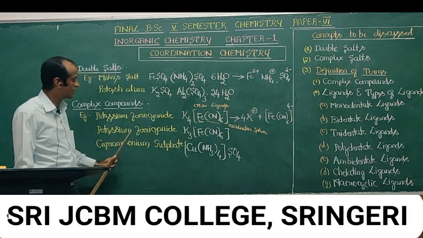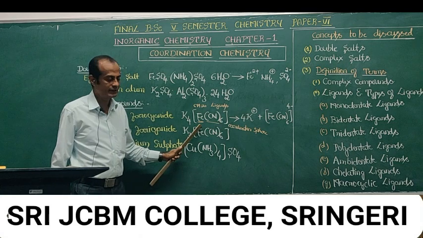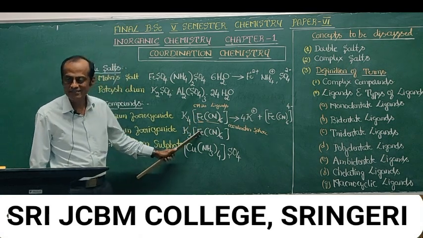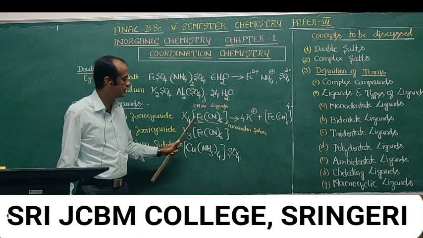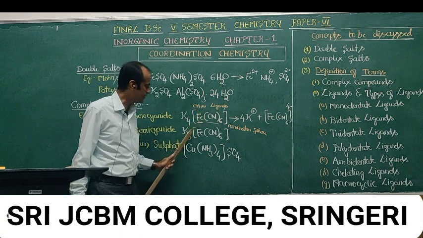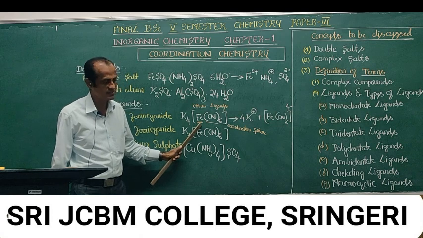Whereas in case of potassium ferricyanide, the central metal ion is the ferric ion. The difference between potassium ferrocyanide and potassium ferricyanide is that iron is in a different oxidation state. In potassium ferrocyanide, iron is in the ferrous state, Fe2+, whereas in potassium ferricyanide, iron is in the ferric state, that is 3+ state.